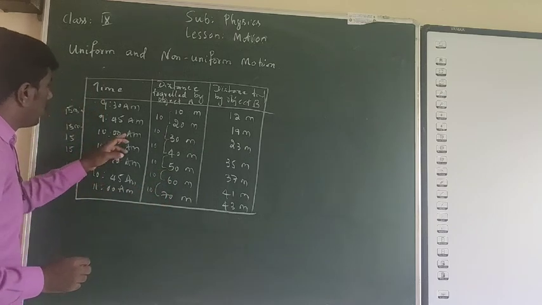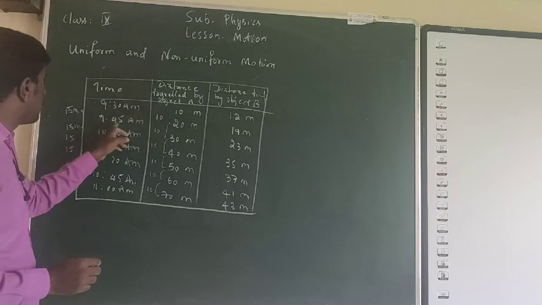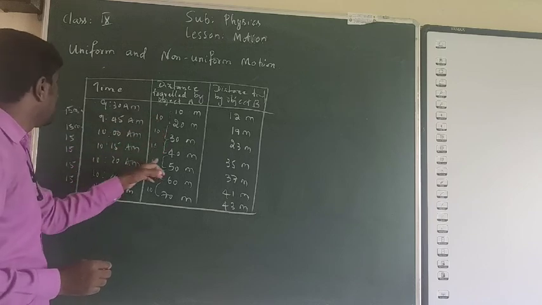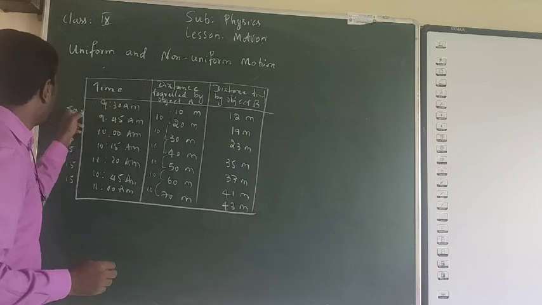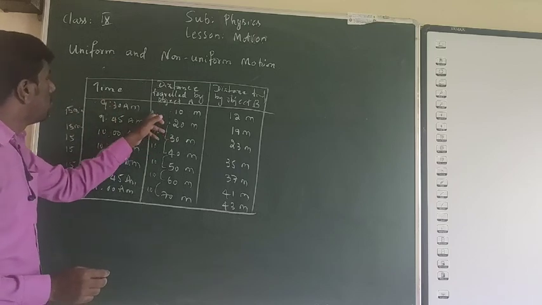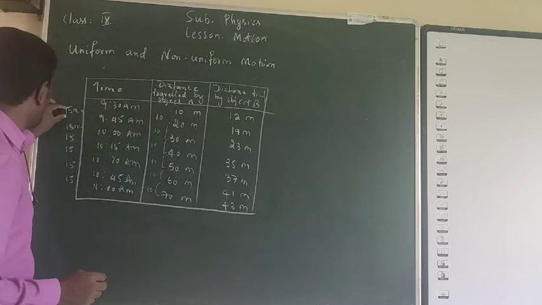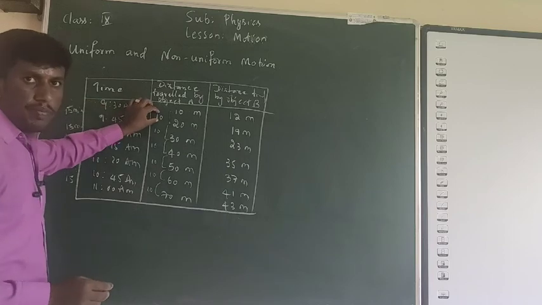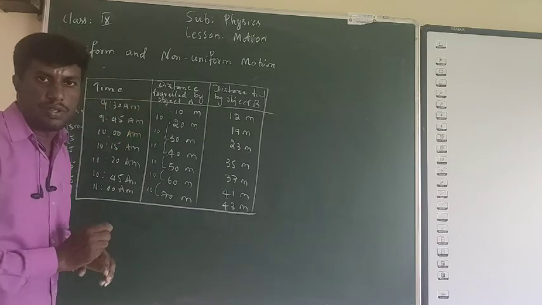That means in this interval also it is 10, in this interval also it is 10. In all the intervals, it is moving at equal distances. So in equal intervals, it is traveling at equal distances.